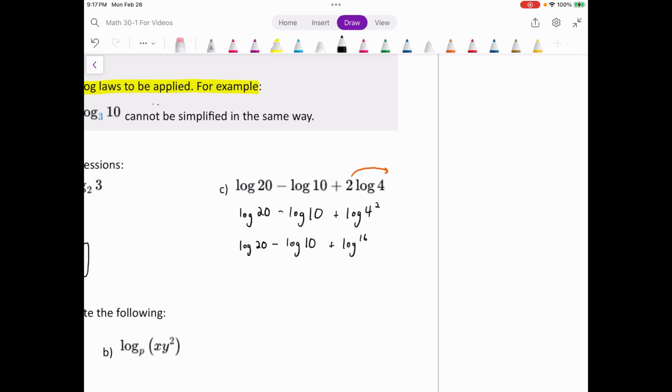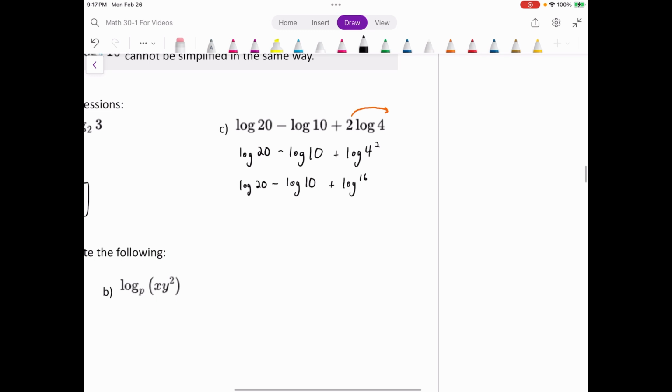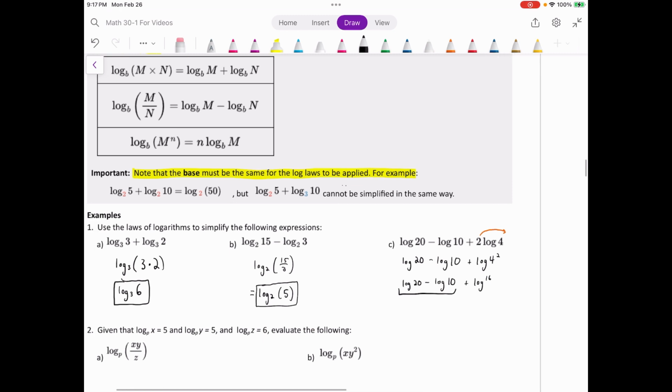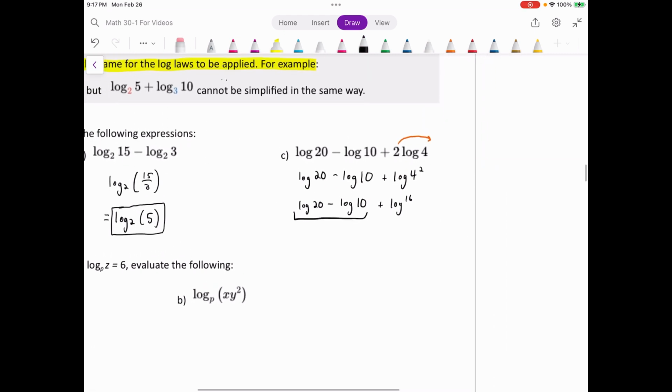Okay, now again, we can just do this all at once. We'll have to be really careful. 20 is being divided by 10, and then we're adding log 16, so we need to multiply by 16. I might just take it a little slower here and just first combine these. So my quotient law says that if I have log base b of m minus log base b of n, I can rewrite it as a division of those two in one log.